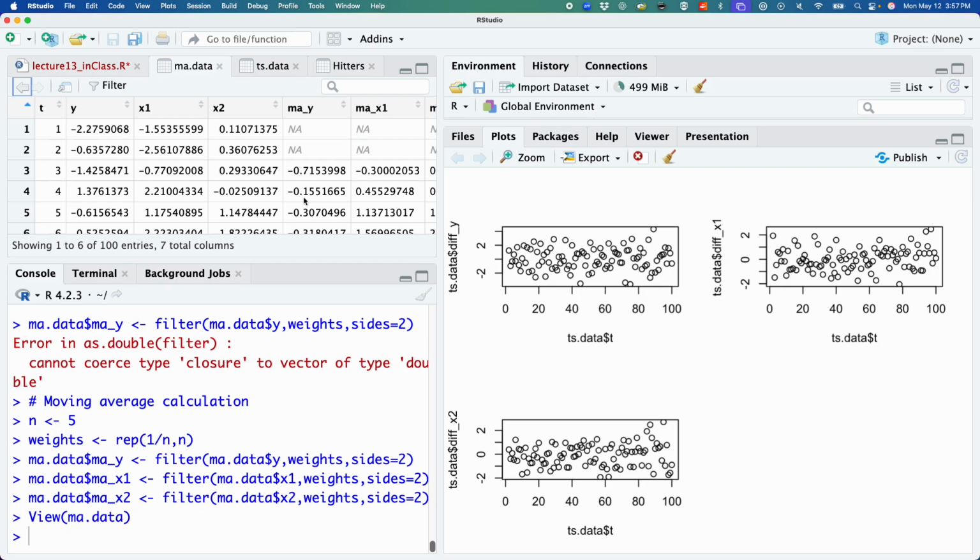So this is a window of 5 with 2 in each direction, including myself. If I'm in position 1, there's no data in row 0 and row -1. So the first moving average y is equal to the average of the first 5 rows of y. If you add all this up and divide by 5, you'll get that value. Okay?